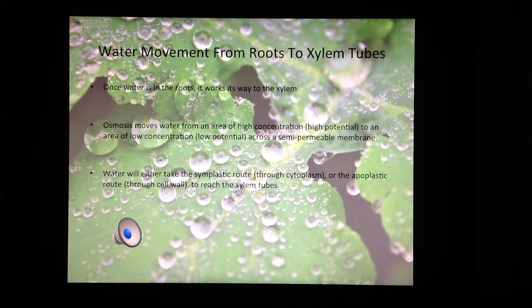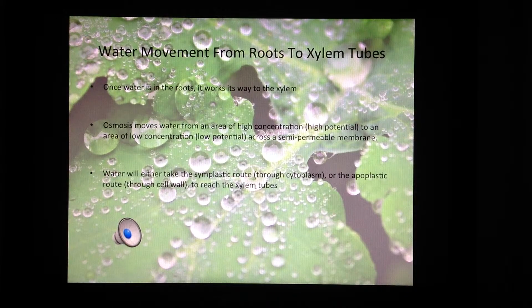Water movement from roots to xylem tubes. Once water is in the roots, it works its way to the xylem. Osmosis moves water from an area of high concentration, high potential, to an area of low concentration, low potential, across a semi-permeable membrane.